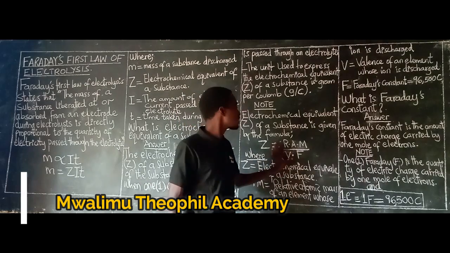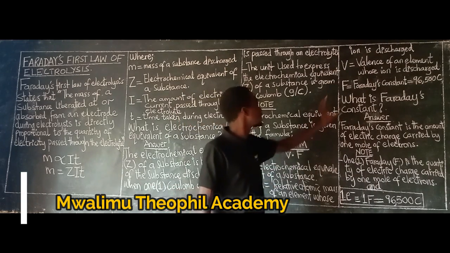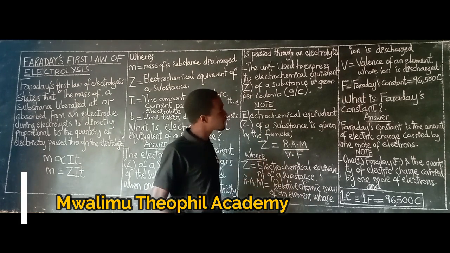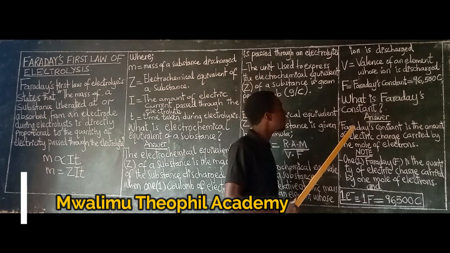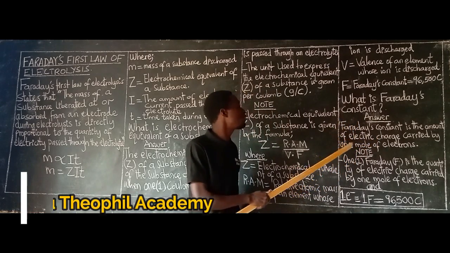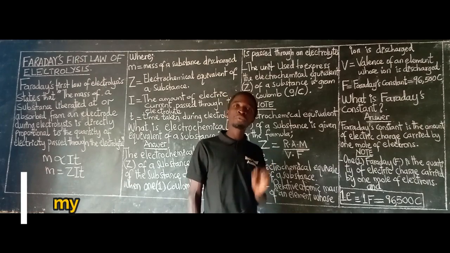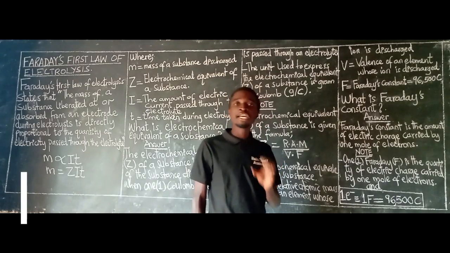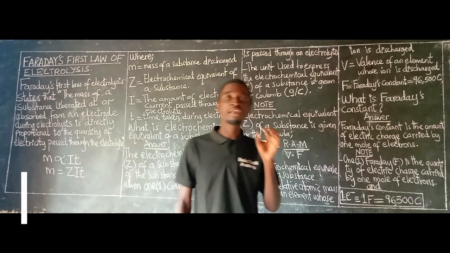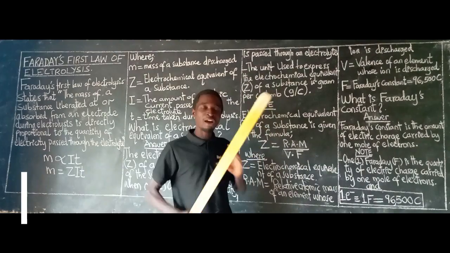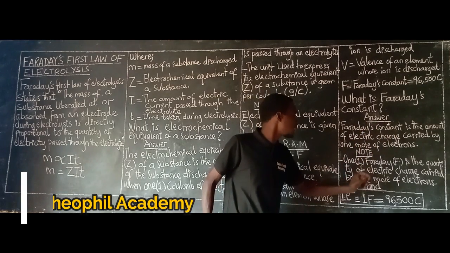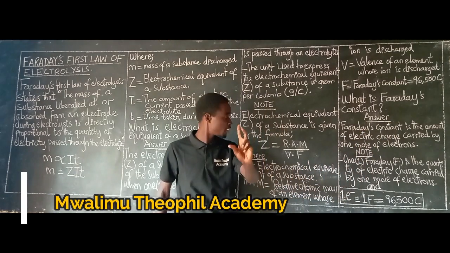Now, we have introduced a new term, which is Faraday's constant. What is Faraday's constant? Simply we say that Faraday's constant is the amount of electric charge carried by 1 mole of electrons. You have to note that 1 Faraday is the quantity of electric charge carried by 1 mole of electrons.